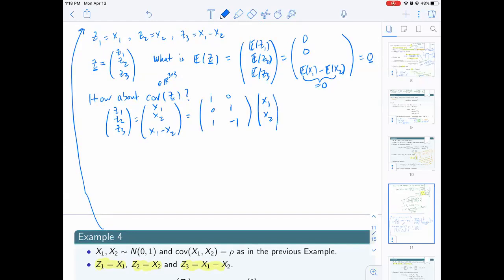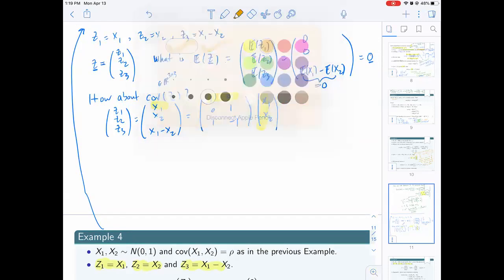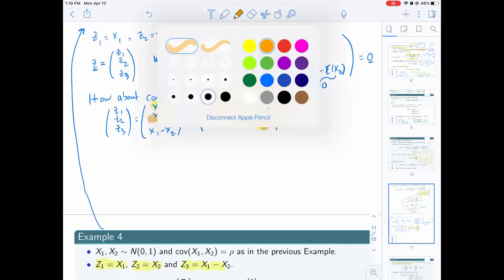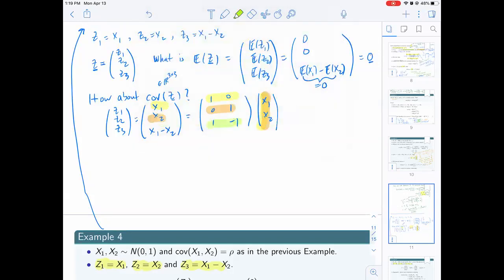Do people see this? Is this okay with people? So this is a matrix. If I multiply out the first row by this, it gives me x1. The second row multiplied by this gives me this, and the third row gives me that.